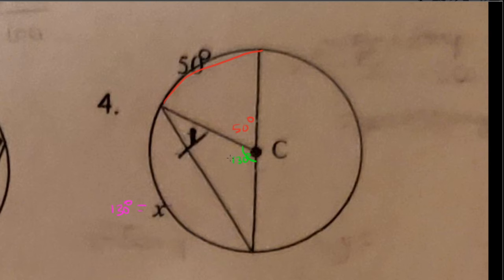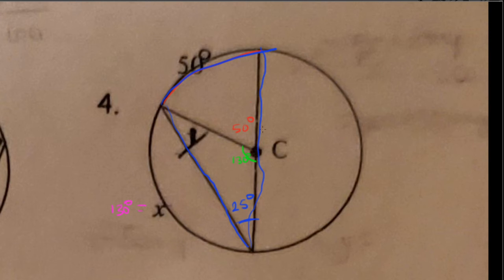Now 50. Oh, there we go. So let's take a look at this angle here. This angle is going to have the same arc, we're going to relate it to the arc 50. And it's going to be half of that arc, which is going to be 25 degrees.